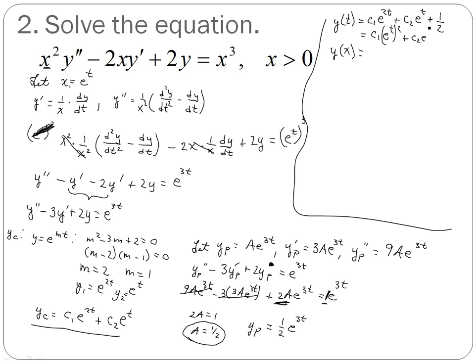And that'll make this substitution back really easily. So I have c1 e to the t is x. That'll give me x squared plus c2 e to the t, that's an x, plus 1/2 x cubed. And there's my solution in terms of x.